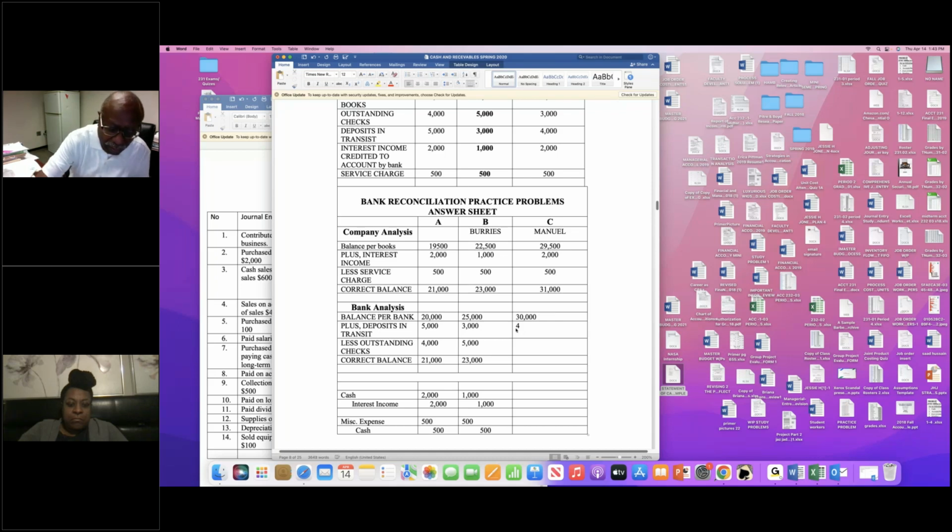And for my journal entries, I have debit cash 2,000 and credit interest income 2,000, and then miscellaneous expenses 500, and then I credit cash 500.